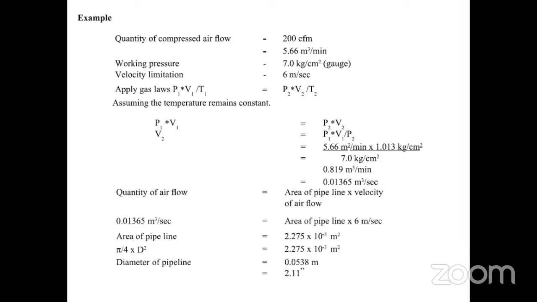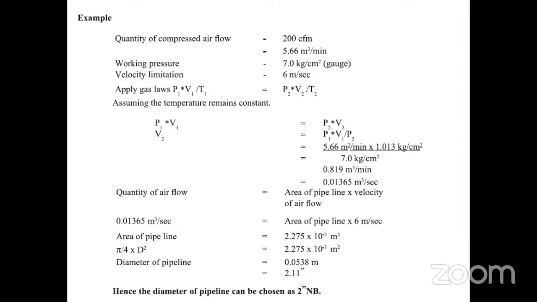Simple but important calculation. Important formula. Important problem. Quantity of airflow: what is the quantity of airflow? It is the area of the pipeline times the velocity of airflow. Already we got it in cubic meters per second, sir. The question is to find the diameter of the pipe.